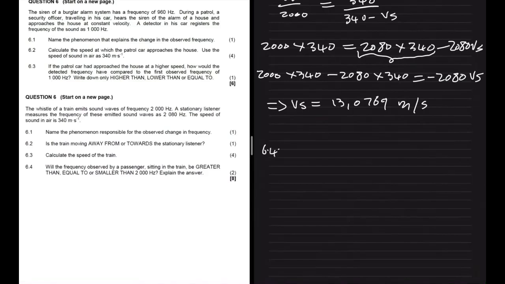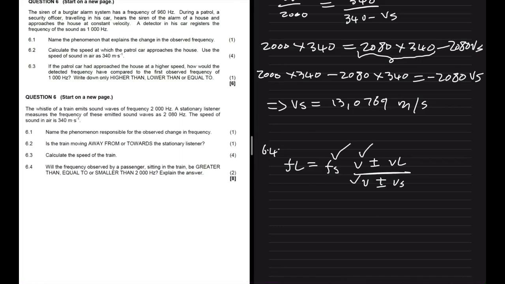6.4. Let's stick to the formula again, like we always do. FL equals FS times V plus or minus VL divided by V plus or minus VS. This FS remains the same. V is the same.